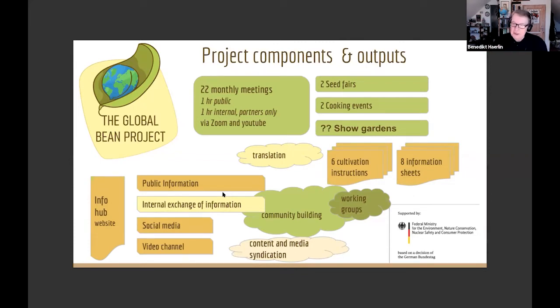We are not a project who aims to educate farmers and professional gardeners about bean cultivation. There are wonderful networks and we are closely connected, and some of these networks are also participating in this project, but we are not a professional bean cultivation, processing, marketing, or research project. We are bean lovers.